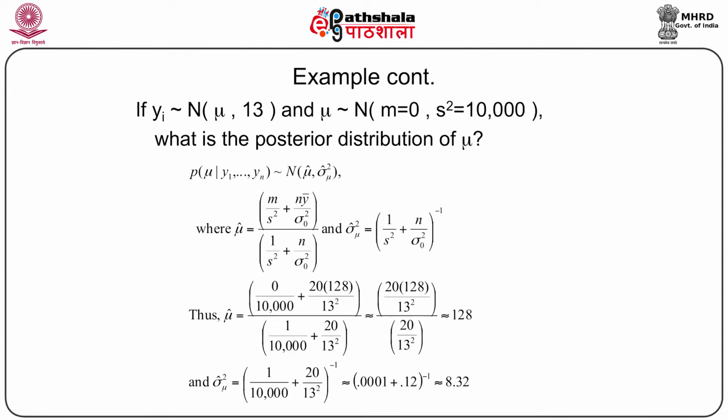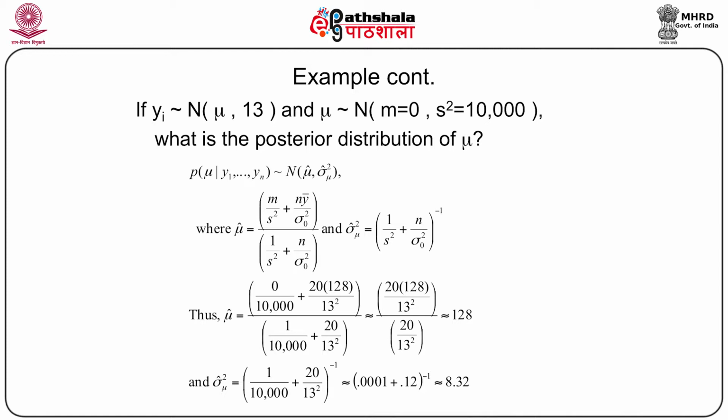So suppose we have yi normal with mu and standard deviation 13, and we choose the prior mean of mu as 0 and s square as 10,000. S square is the population sample variance. What is the posterior distribution of mu? The posterior distribution of mu, again we know, is normal with mu hat as the mean and sigma mu hat square as the variance, where the expressions for mu hat and sigma hat square are given below, which follows from the previous slide.